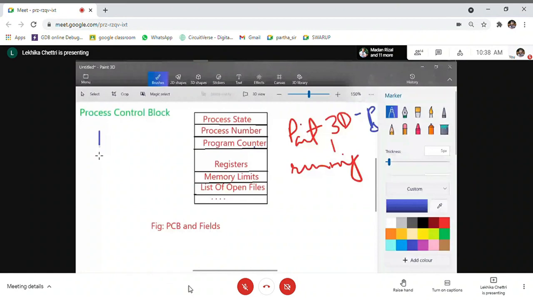The system has occupied 0 to 9, and the process is occupied from 10 to 200. So right now, if I'm executing this portion, let us say I am at 100. The program counter is basically storing these addresses.